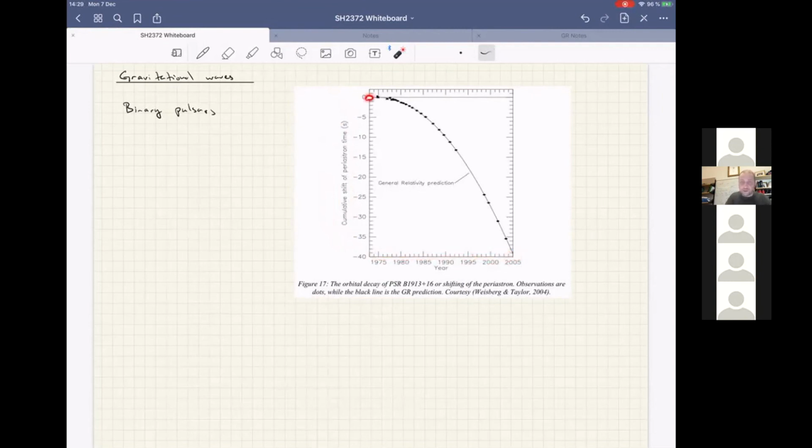Of course, you start at 0 difference because this is where you start, and then you can see that as time goes on, and we keep measuring this pulsar, the period goes down.